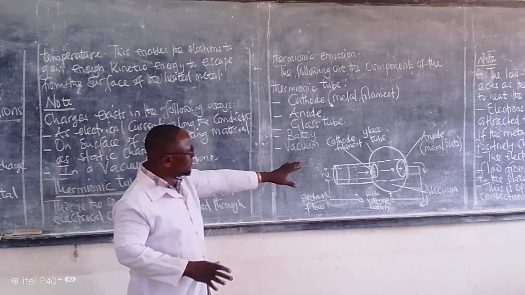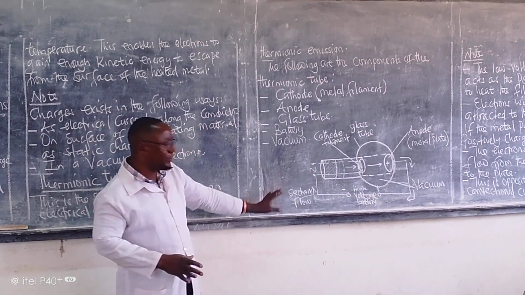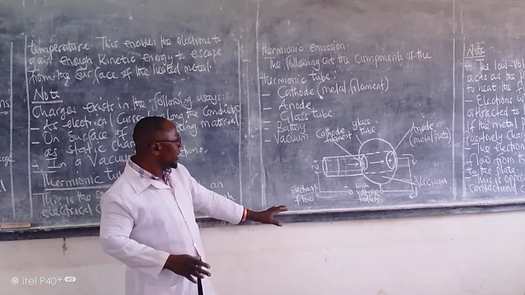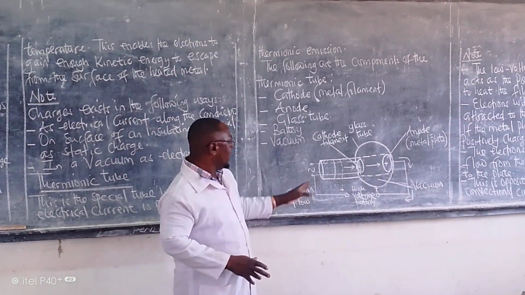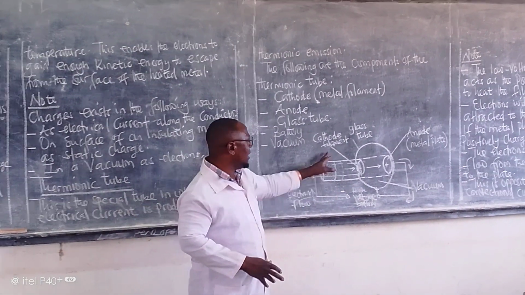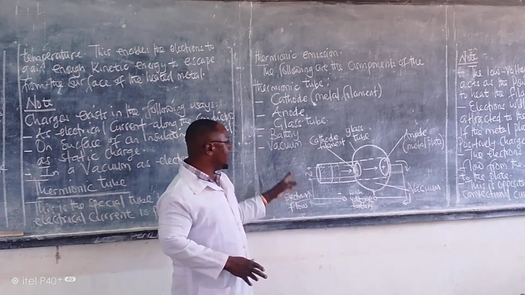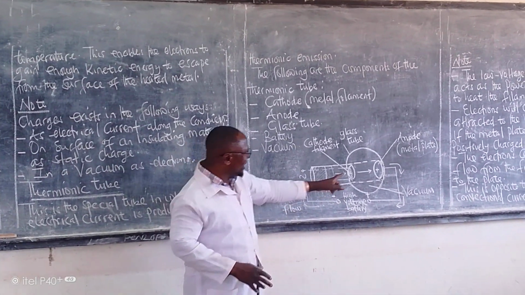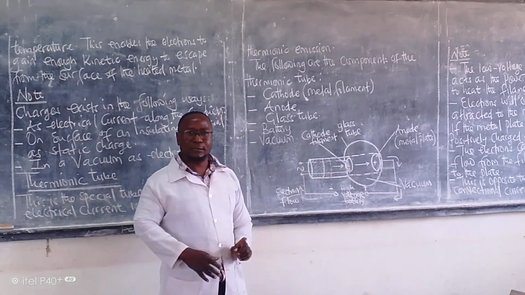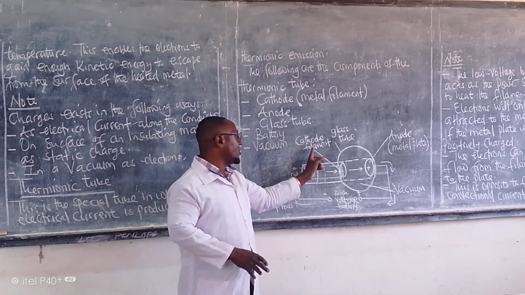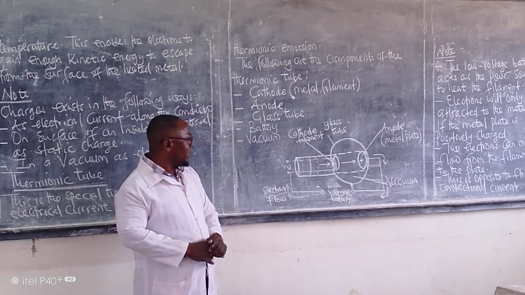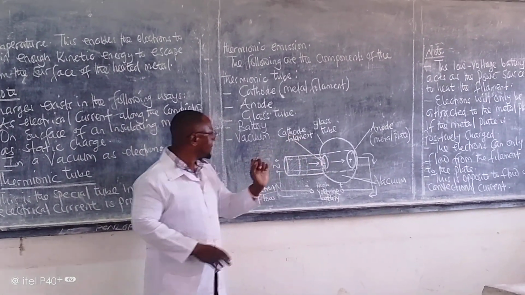This is a simple structure of a thermionic tube, where we have these parts. This is the filament, which is called the cathode filament. It is negatively charged.